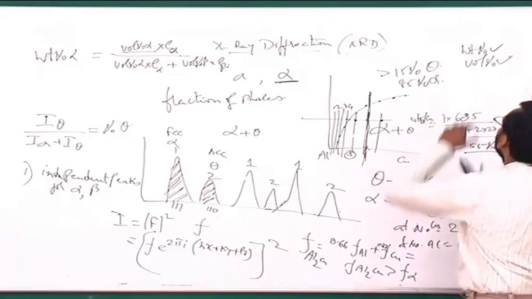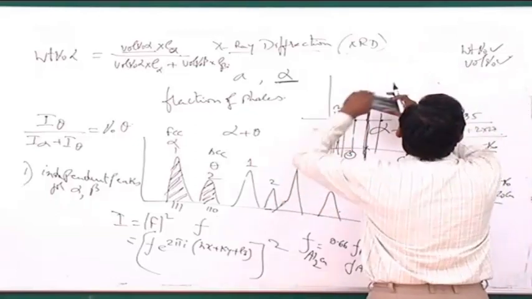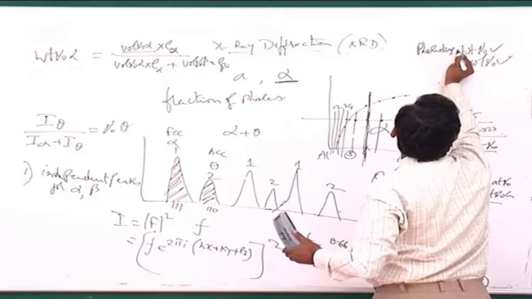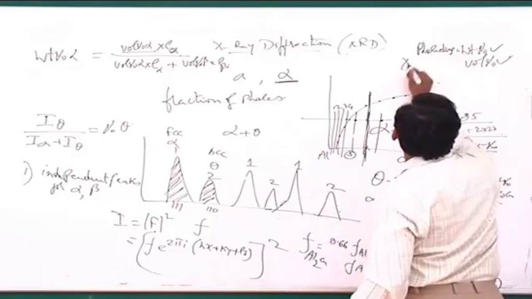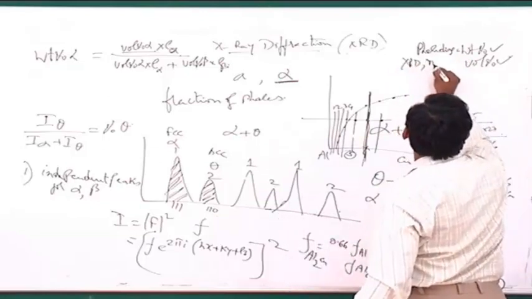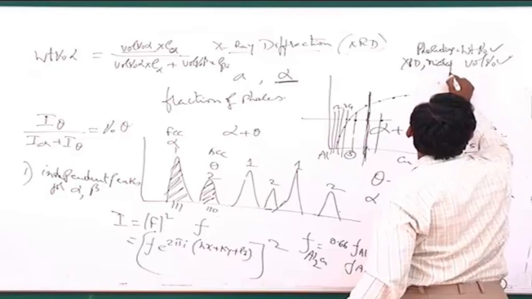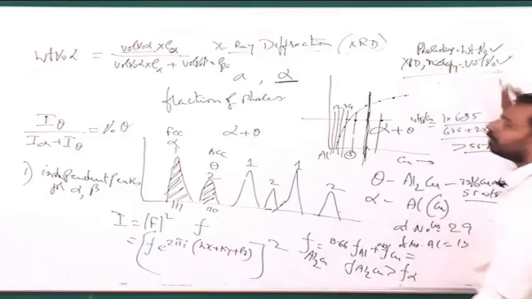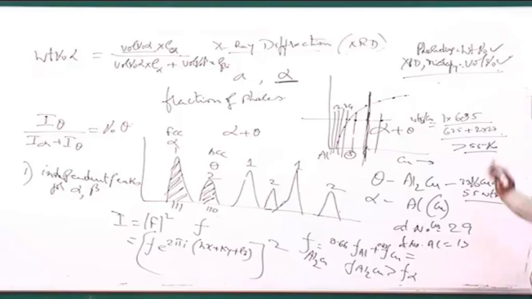Phase diagram gives me only weight percent. XRD or microscopy give me usually volume percent only. Any microscopy, in principle, will not give you volume percent directly.